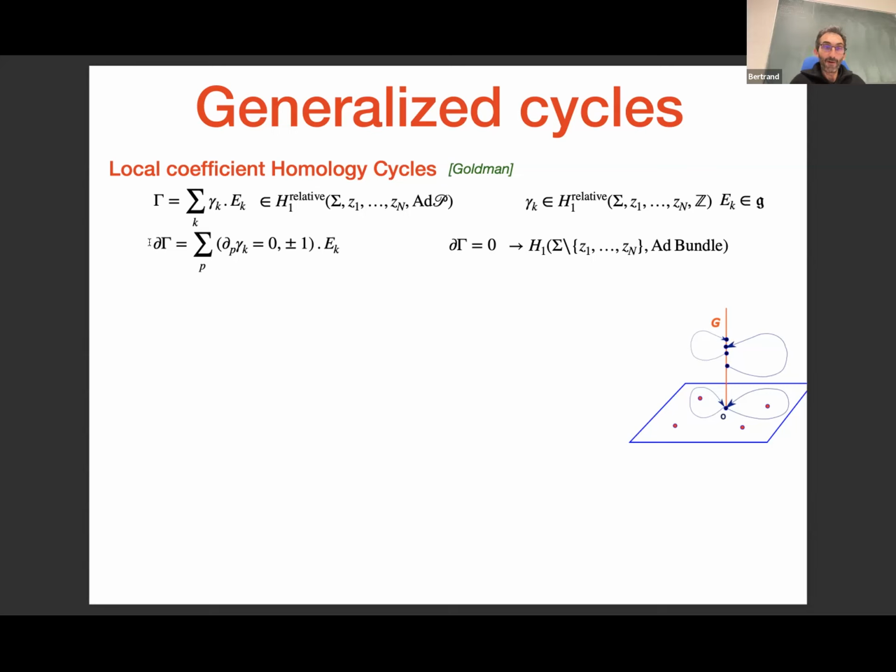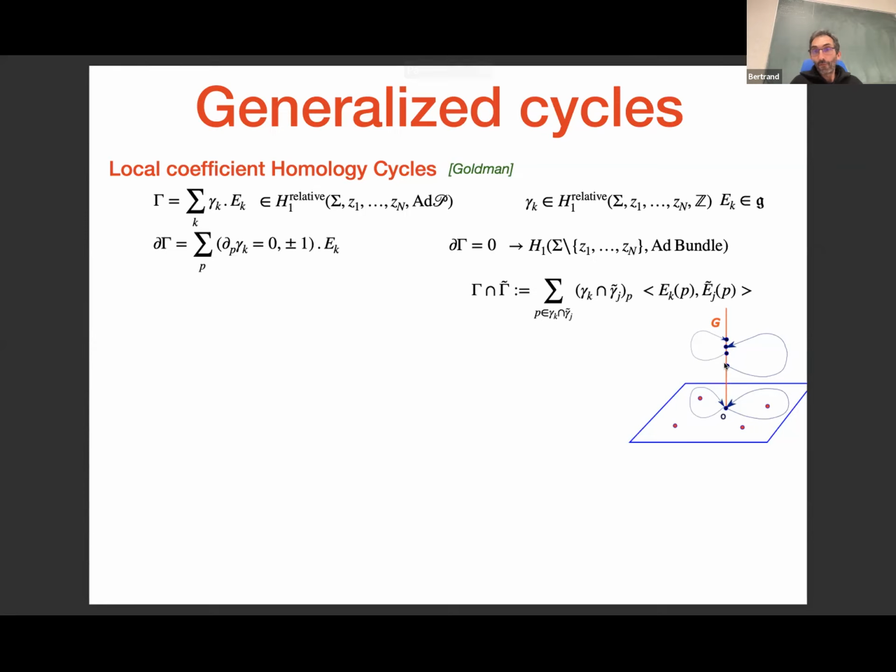Let me define, as Goldman did, the boundary operator. Whenever you have a chain that has a boundary in the base, you look at all the values in the fiber, and the boundary is 0 if all the values in the fiber add to 0 in the Lie algebra.